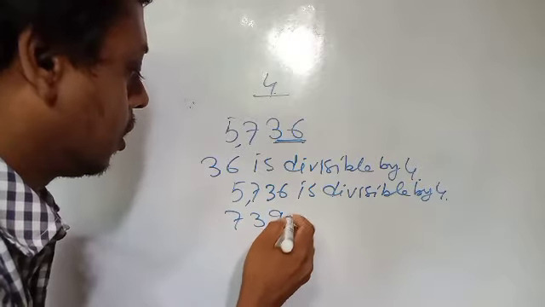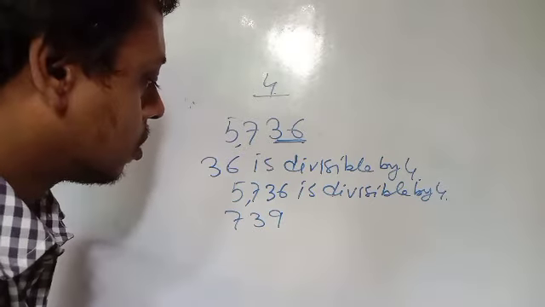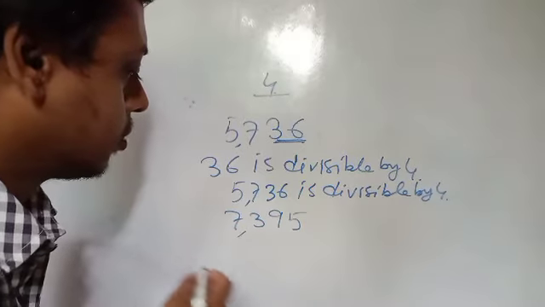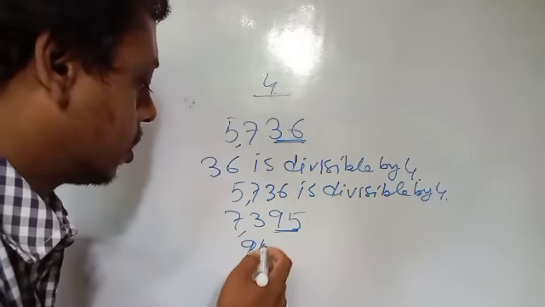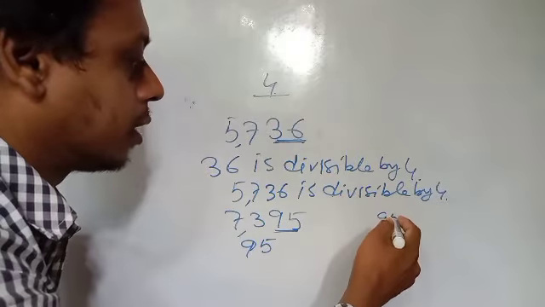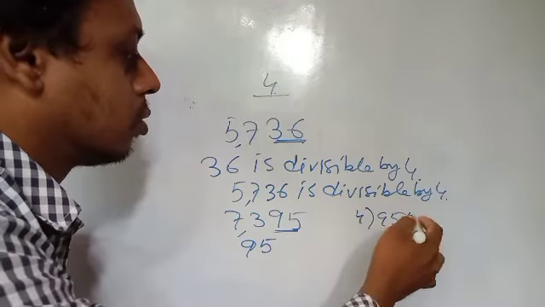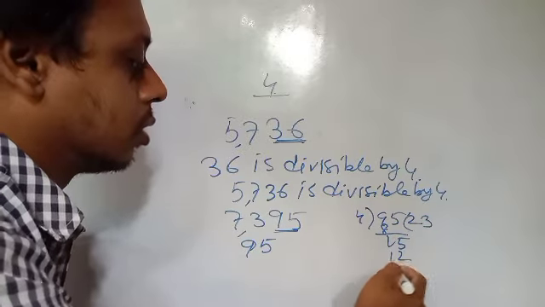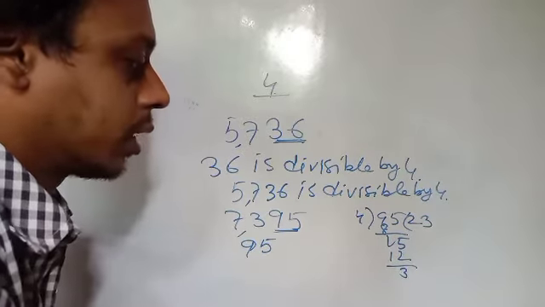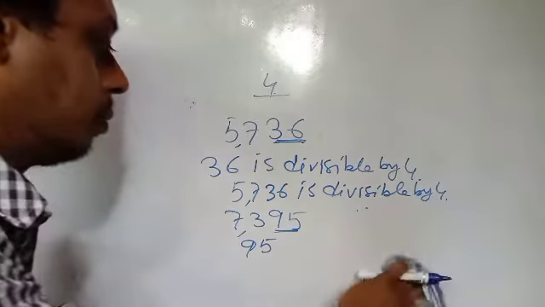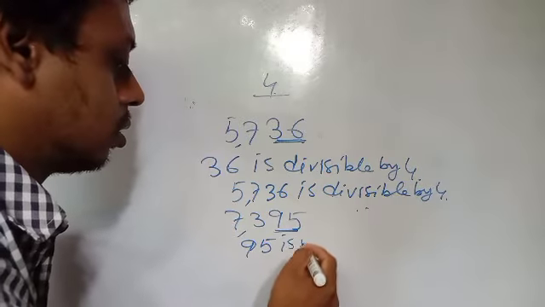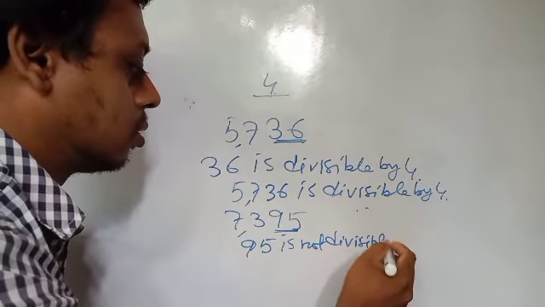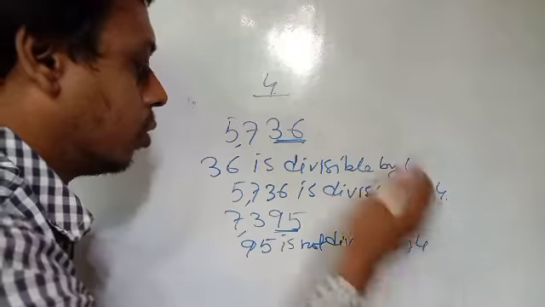7395. Now 95. Can you divide 95 by 4? 4 twos are 8, 1 5, 4 threes are 12. So 3. Not exactly divisible. So 95 is not divisible by 4.